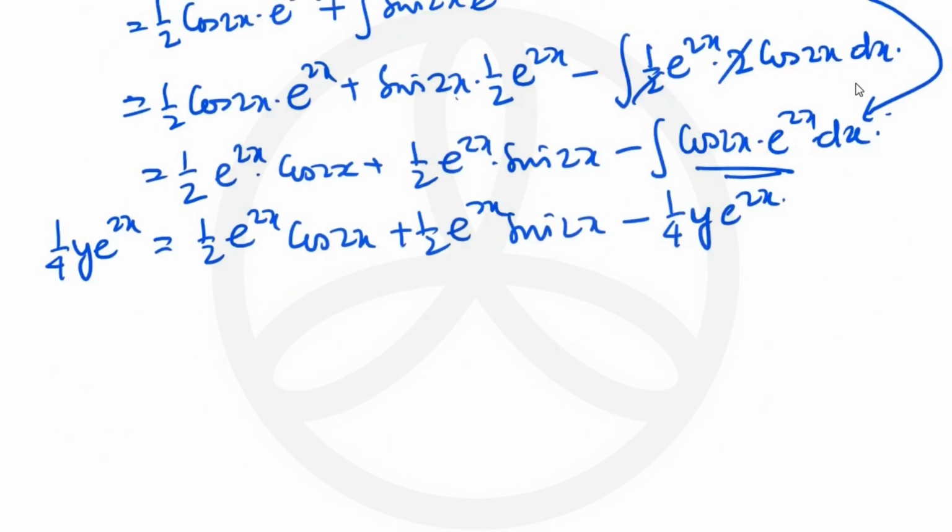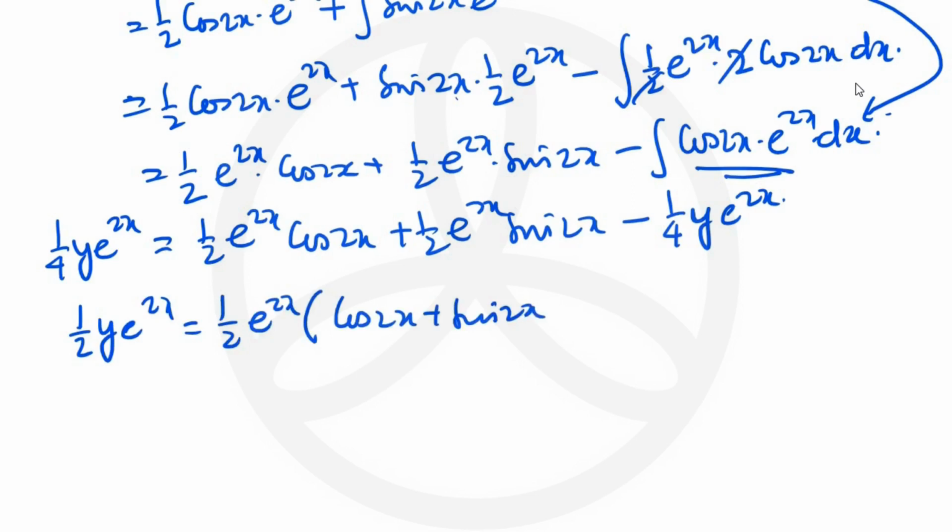And we can simply bring it here, 1/4 plus 1/4 will become 1/2 y e to the power 2x equals half e to the power 2x times cos 2x plus sin 2x, and don't forget to put the sign of integration, a constant c, which is actually a constant of integration.